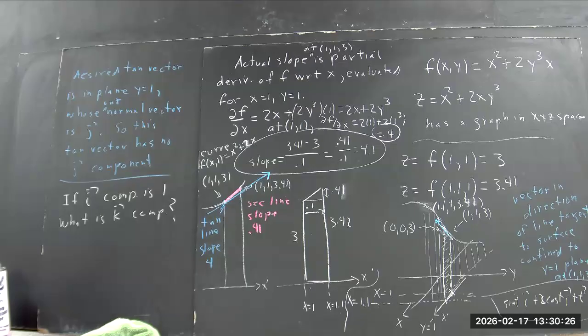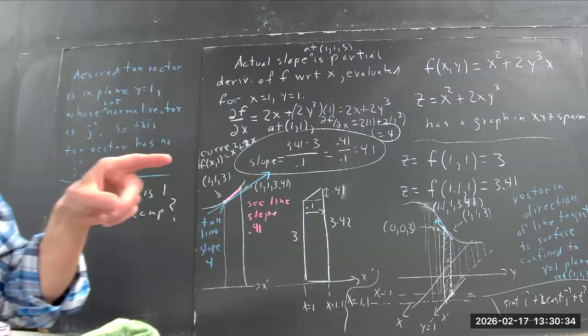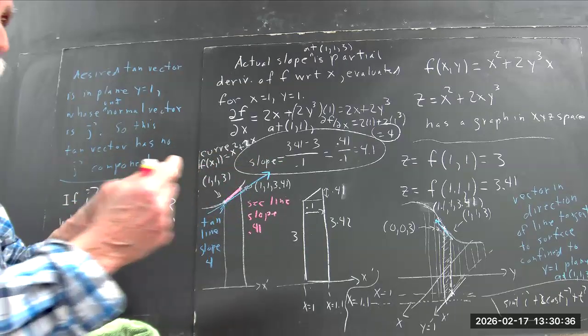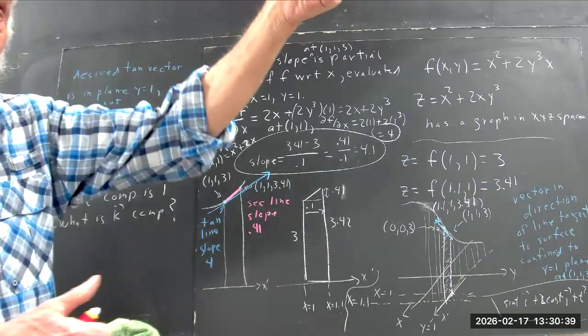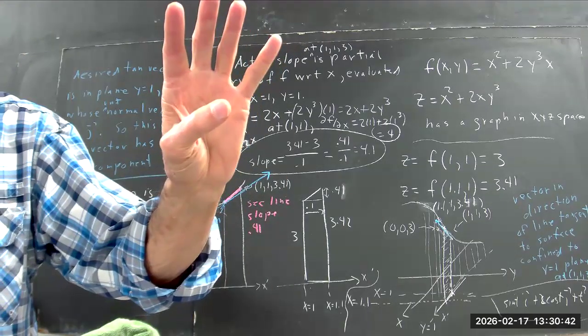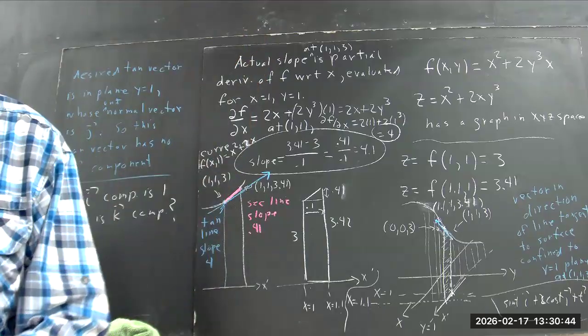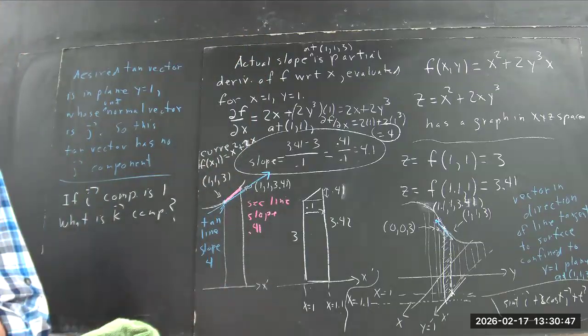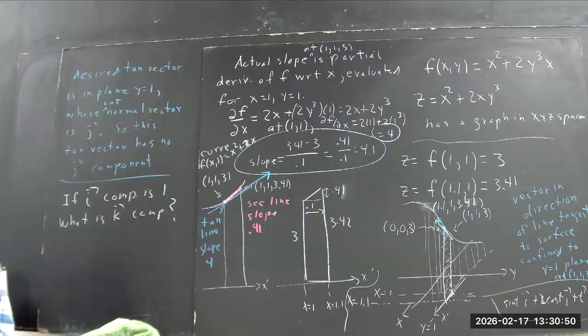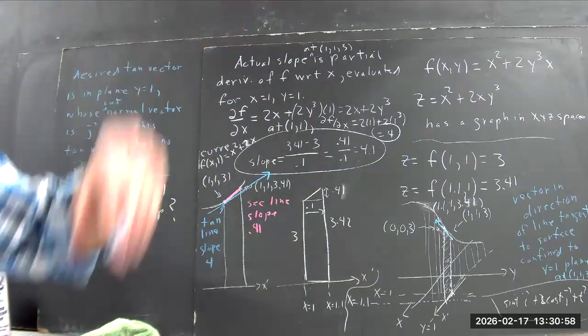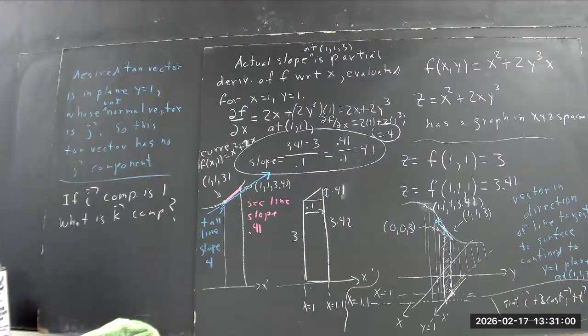What's the slope? Slope is 4. Now, if the i component is 1 and the slope is 4, what's the k component? It's 4. That makes sense? This is a big picture, this real important picture. In a minute, we're going to be able to compute the equation of the tangent plane without even seeing the definition of a partial derivative. Then we'll fill in some definitions so you can use them rigorously.